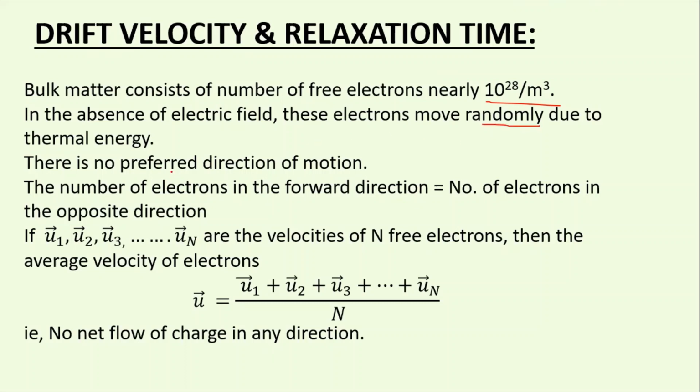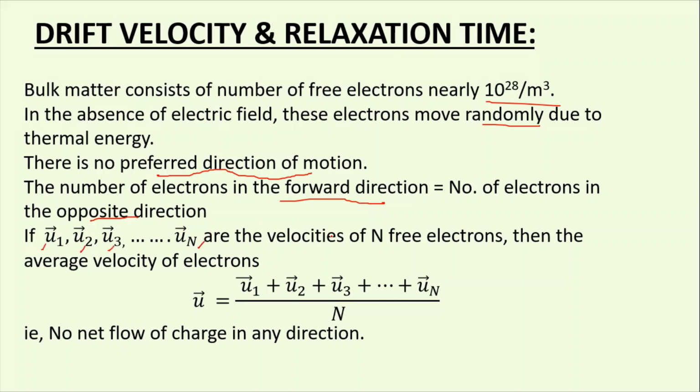So there is no preferred direction of motion. அதாவது as they move randomly, ஒரு particular direction of motion எல்லாம் கிடையாது in the absence of the electric field. So the number of electrons in the forward direction will be equal to the number of electrons in the opposite direction.